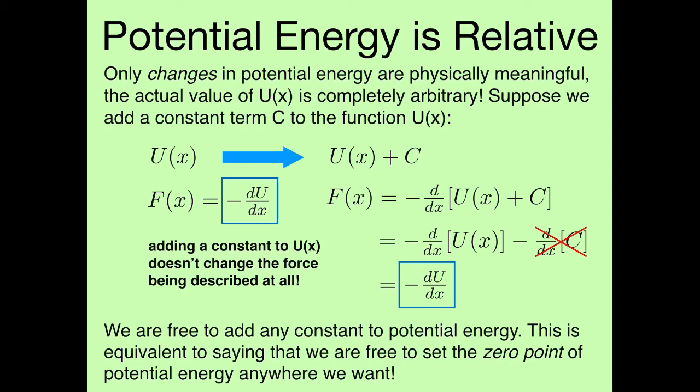And that's equivalent to saying that we're free to set the 0 point of the potential energy anywhere we want. In other words, we can define the point in space, the position, where the potential energy goes to 0 to be anywhere you want, okay? So you're free to add a constant. You're also free to set the 0 point anywhere you want. That's how these functions work.